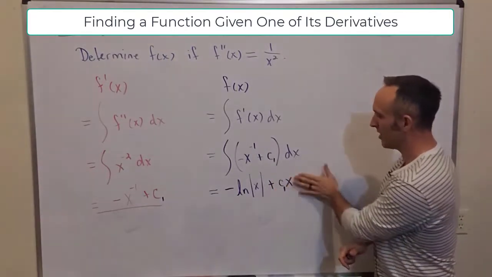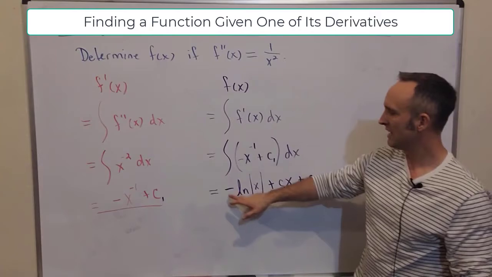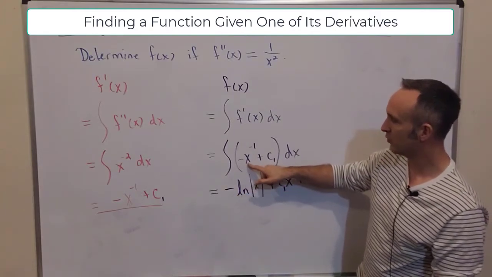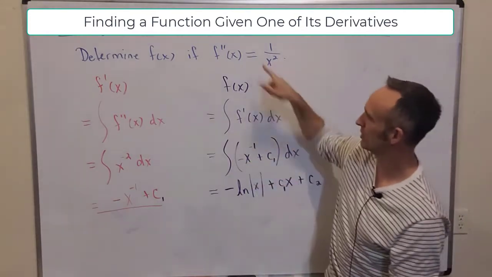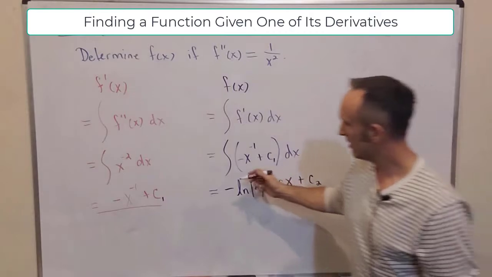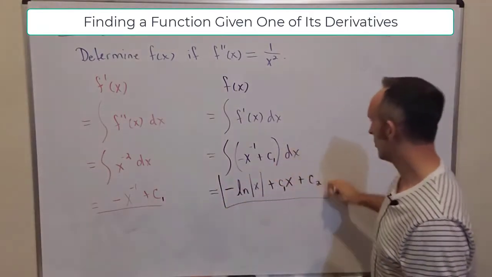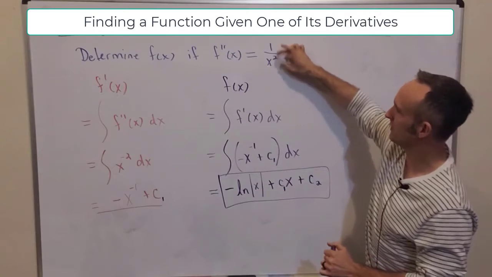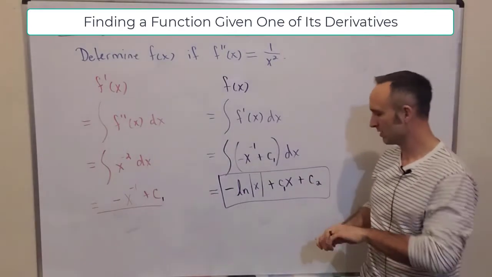So all that's going to be gone through the use of two derivatives. And the derivative of negative natural log is going to give you negative x to the negative 1. And when you differentiate that, you're going to get 1 over x squared. Just walking through it quickly. But this is the original function f of x if its second derivative is 1 over x squared.